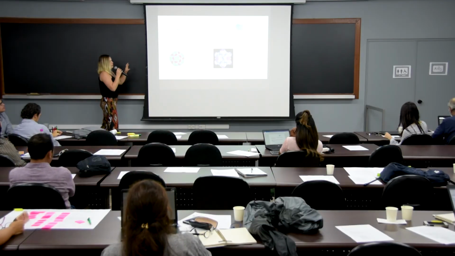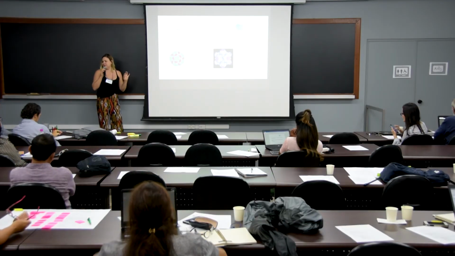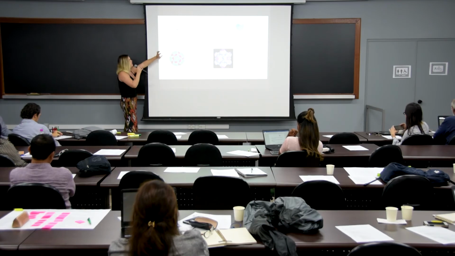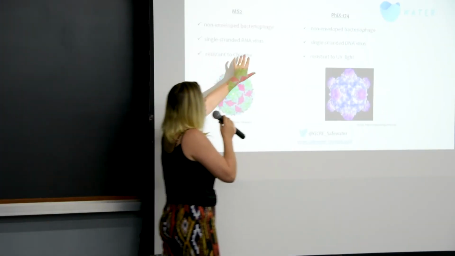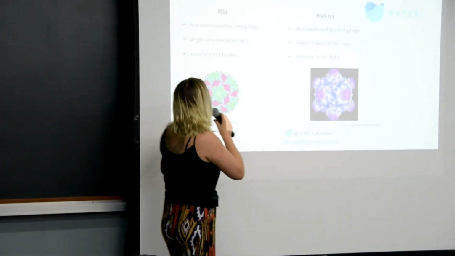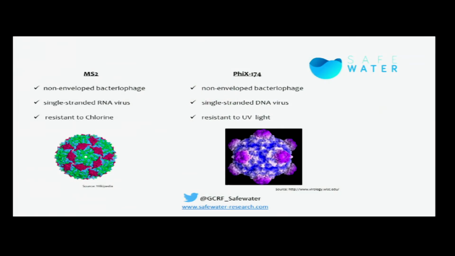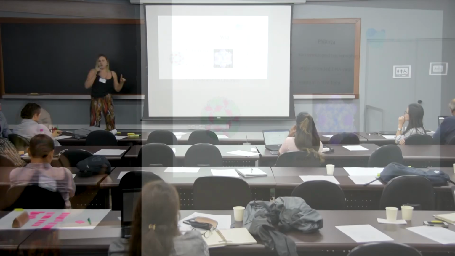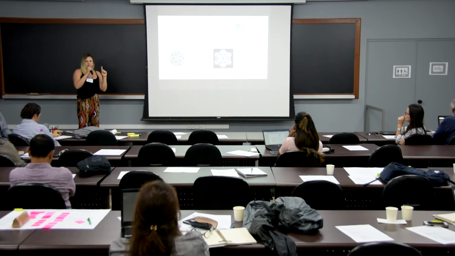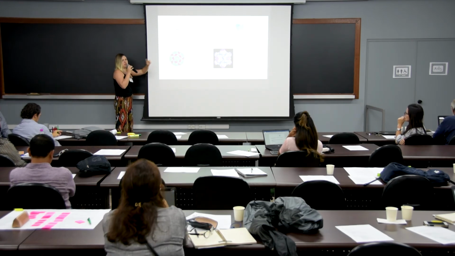Bill will speak more about it, so I'll be brief. The difference between MS-2 and Phi is that MS-2 is a single-strand RNA virus, and Phi is a single-strand DNA virus. Except for one kind of virus, they only have one genetic material.